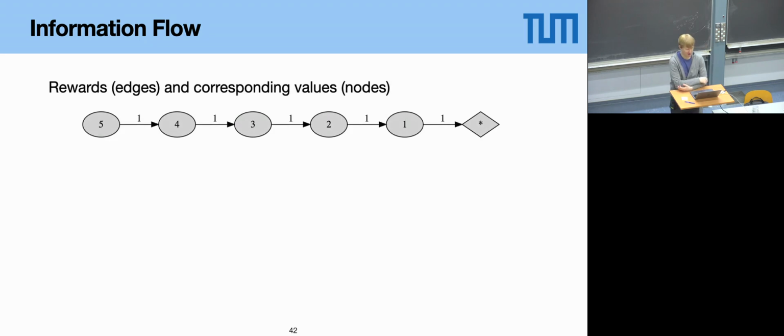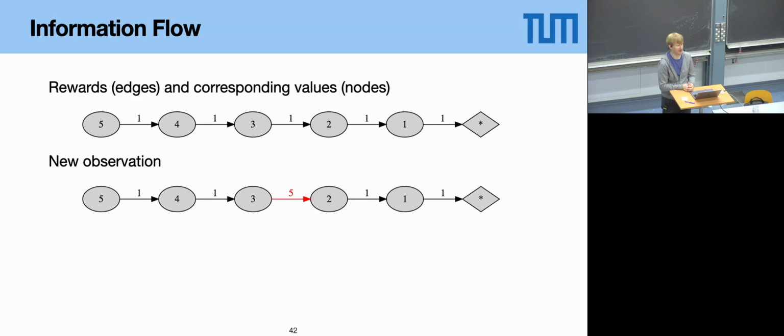In temporal problems, there's a natural direction in which information flows. If you take a look again at this little Markov chain, with rewards on the edges, always 1, the corresponding values are 5, 4, 3, 2, 1. Let's say we have a new observation now, somewhere in the middle, a reward of 5.